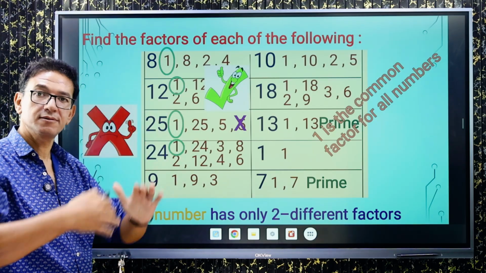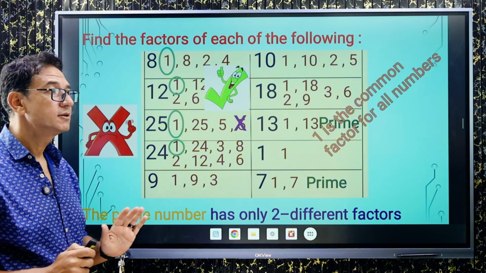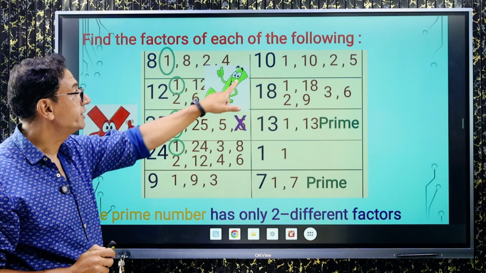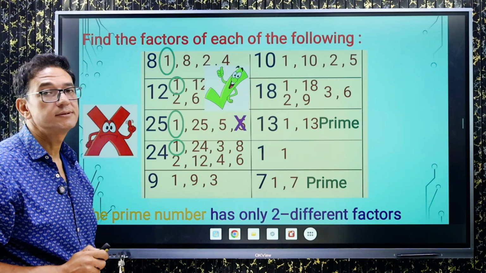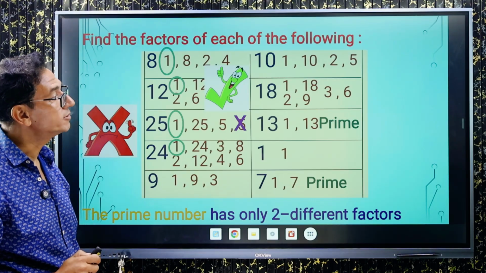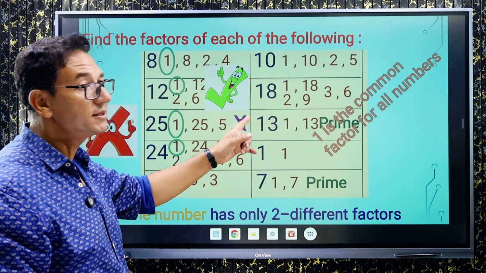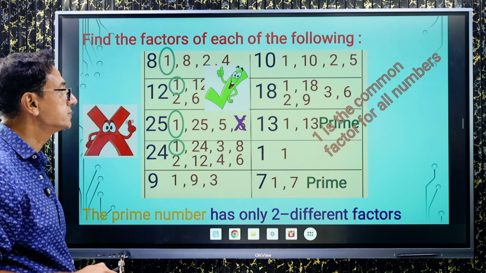It means, in another way, if we write the factors of any number, we will find 1 in all factors and in all numbers. Okay? So 1 is the common factor for all numbers. It means 1 is the repeated value or factor, sorry, for all numbers.